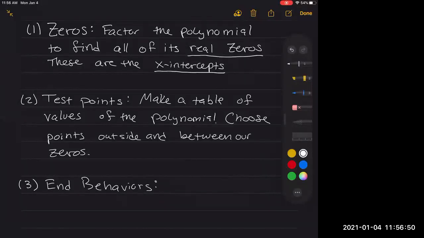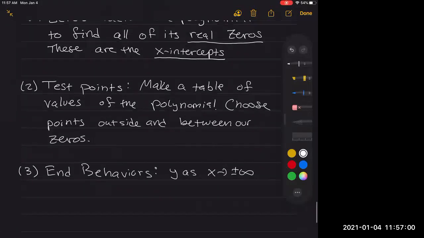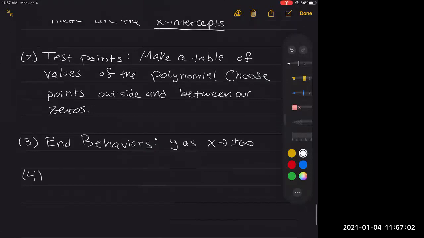So we have to determine our end behaviors. So that, remember, that is y as x approaches positive or negative infinity. All right, and then 4 is graph. All right, so here we're going to plot the intercepts and test points that we found in our table.